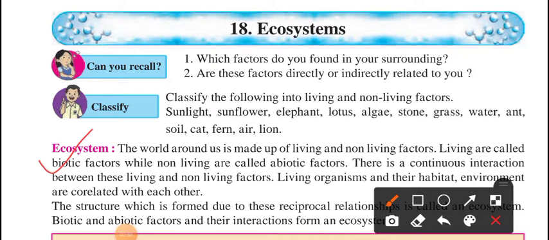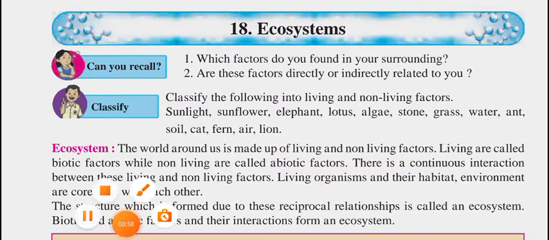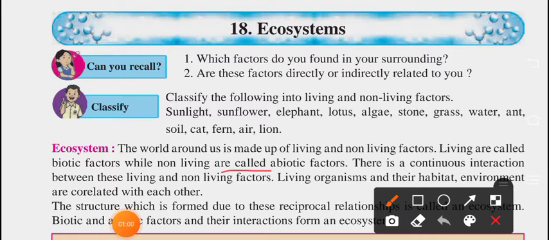The world around us is made up of living and non-living factors. Living are called biotic factors, non-living are called abiotic factors. Non-living factors are sun rays, sun energy, water, air. All these are the non-living factors present in our environment, and these are called abiotic factors.